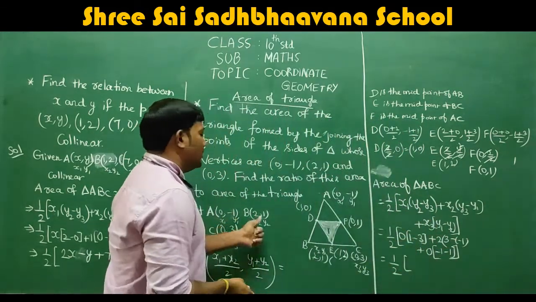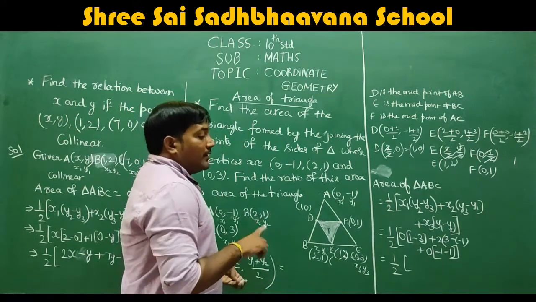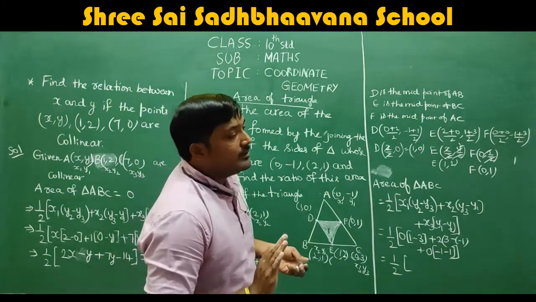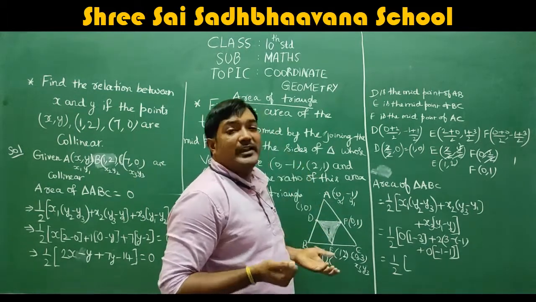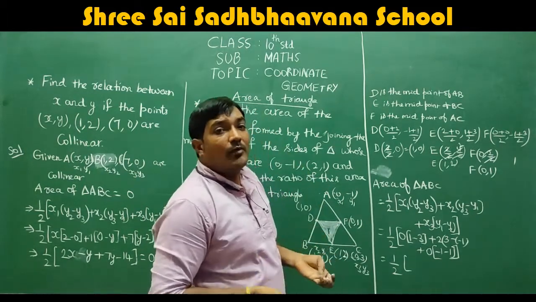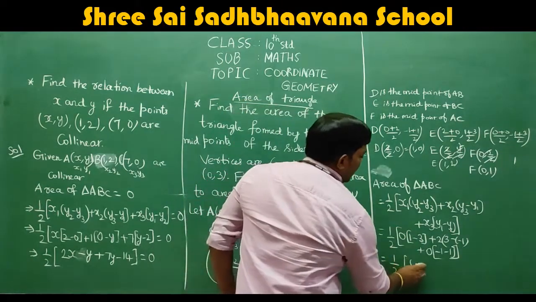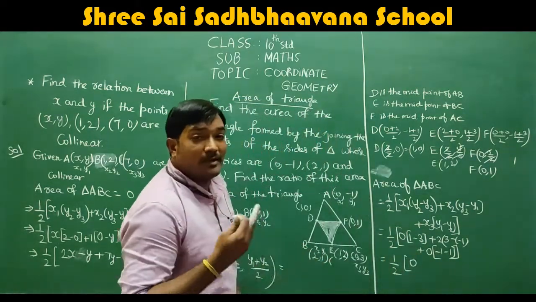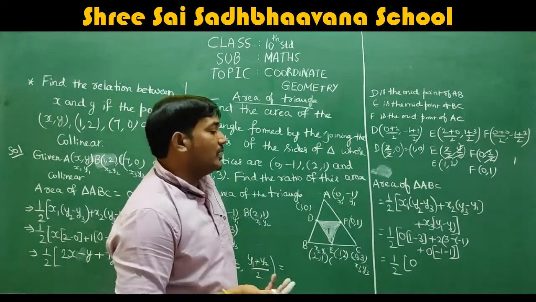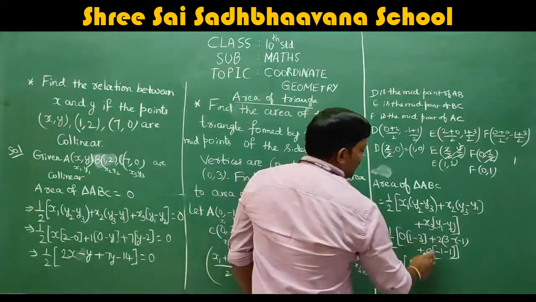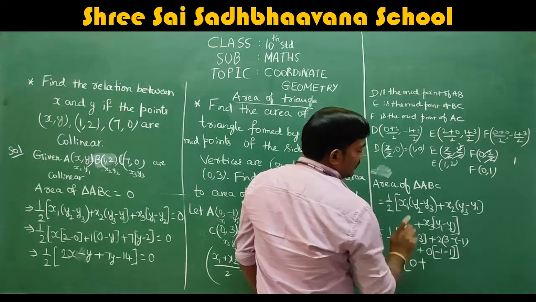So here, half into 0. Remember, here you can reduce the simplification level. 0 into any number is 0. We know that, so why do this step once again? You can write 0 directly, because 0 into any number is 0. 0 into minus 2 is again 0.